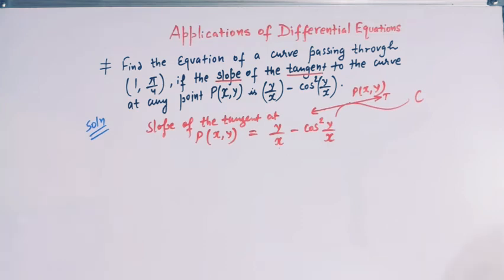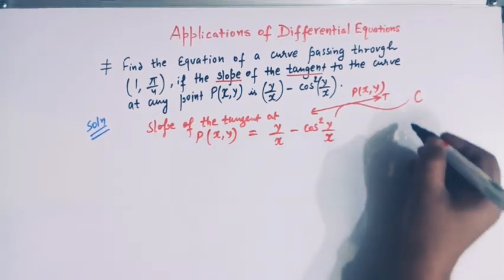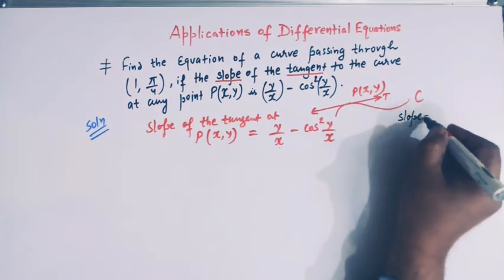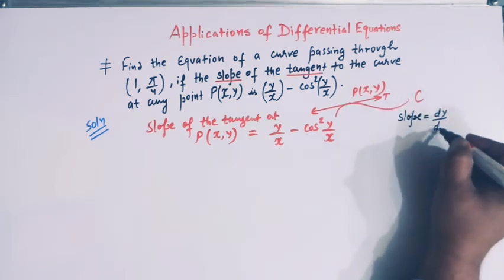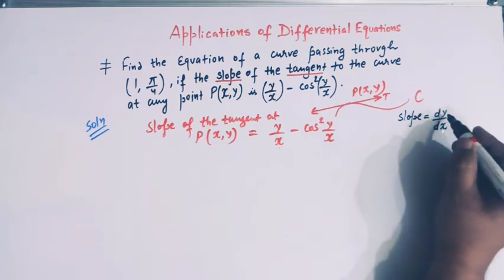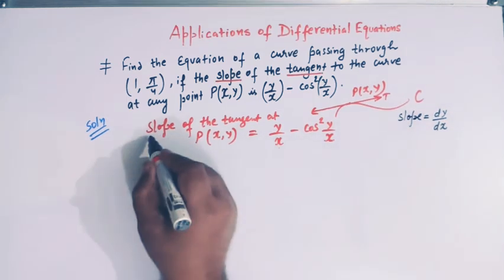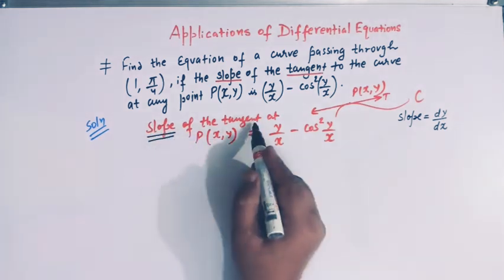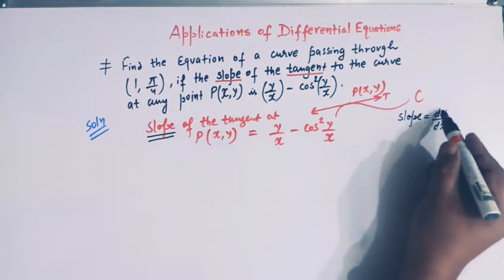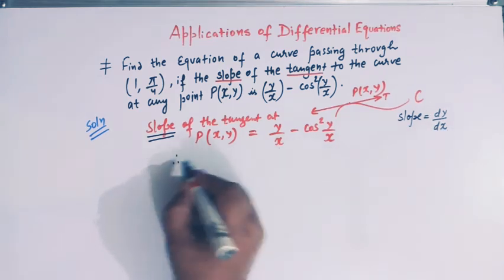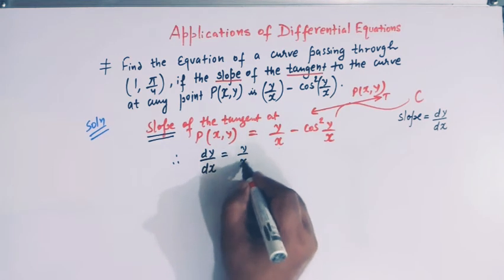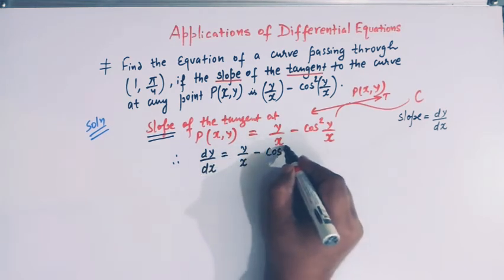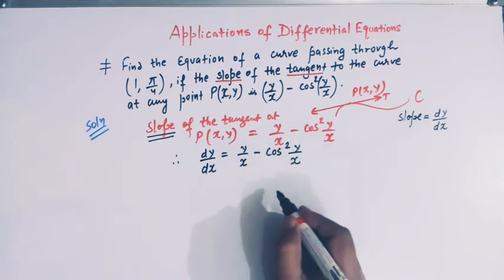Now we know that the slope can be calculated by using the derivative of y with respect to x. So this is the slope of the tangent, and the slope is dy over dx. So we can write dy over dx is equal to y over x minus cos square y over x, right?